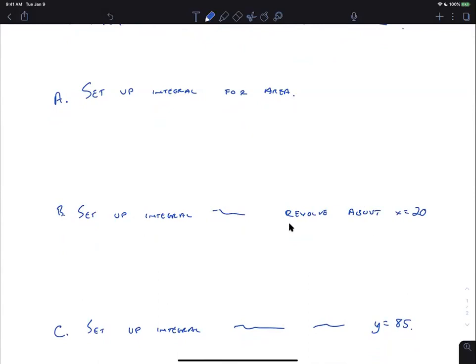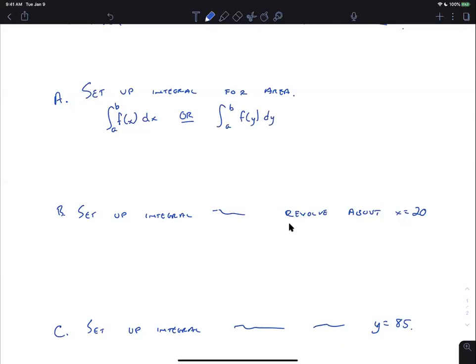Here's the format of these WebAssign questions. It's going to give you something like the integral from a to b of f of x dx, or the integral from a to b of f of y dy, meaning you could set it up with dx or dy.